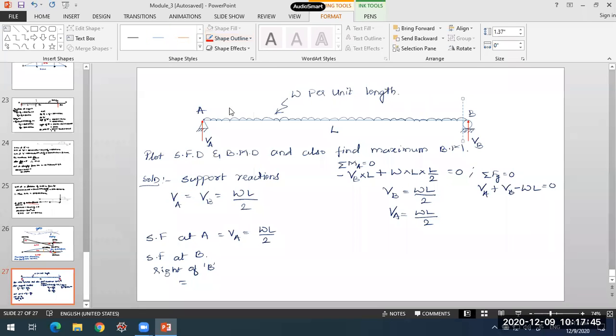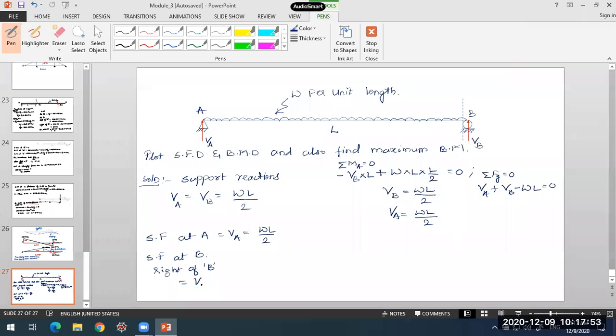To the left of my section, I'll consider the algebraic sum of the forces. I have VA, left side upward force positive, and this UDL is there.